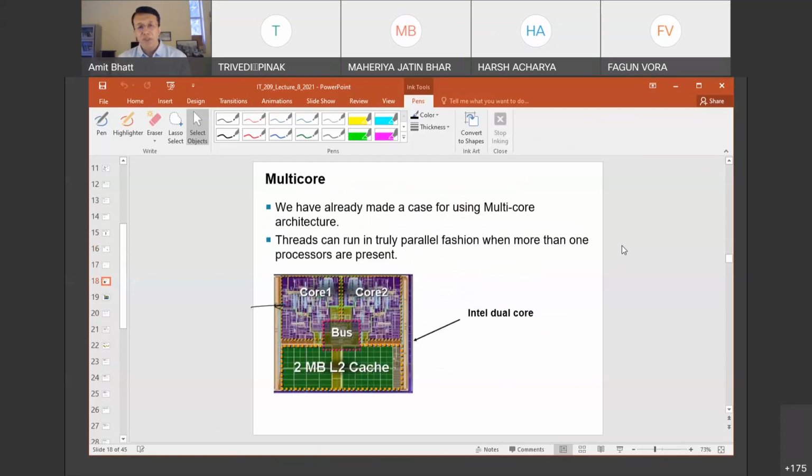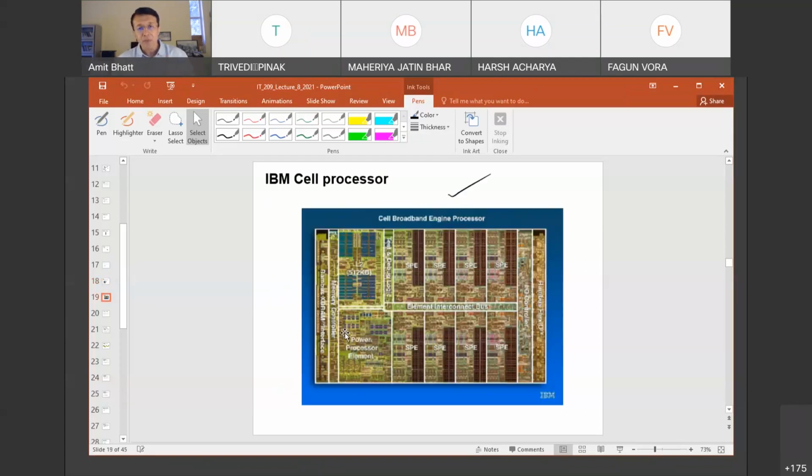So now we came up with the multi-core processor, and this was the first multi-core processor which was out in the market for general purpose use, which was Core 2 Duo. You must see in some of the old desktops which you might have, or even some older laptops, had this Core 2 Duo. So it had Core 1, Core 2, and two large L2 cache, and then you can see how much area it occupies.